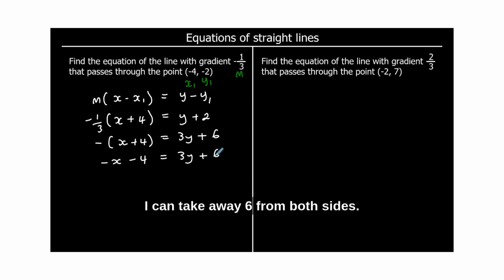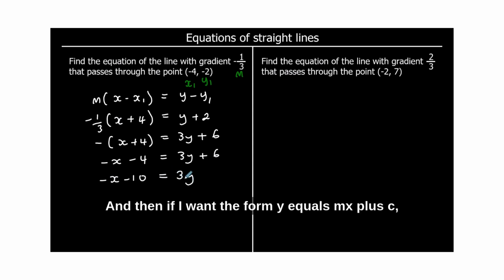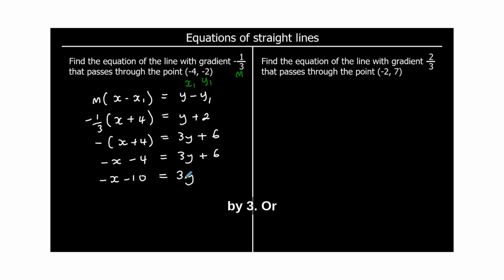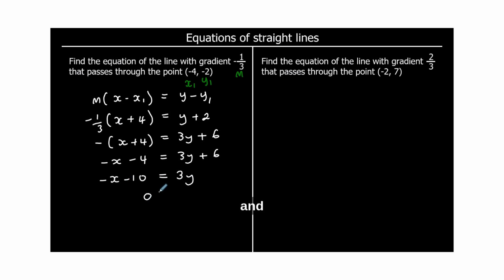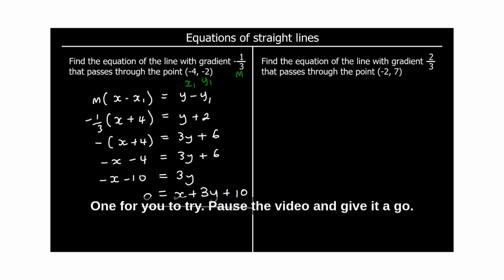I can take away 6 from both sides. And then if I want the form y equals mx plus c, I can divide every term by 3, or I can take the two negatives over to the other side and have it in the form ax plus by plus c equals 0, where a, b, and c are integers. So either way. One for you to try. Pause the video and give it a go.